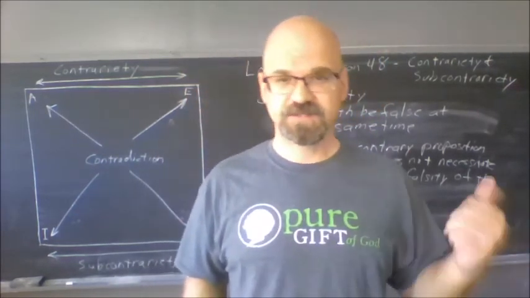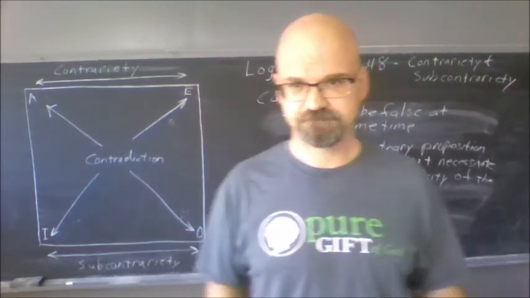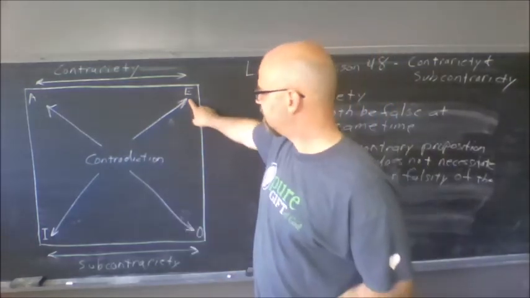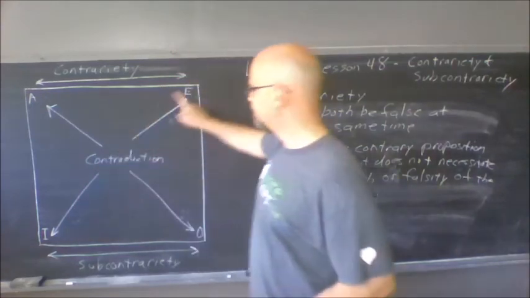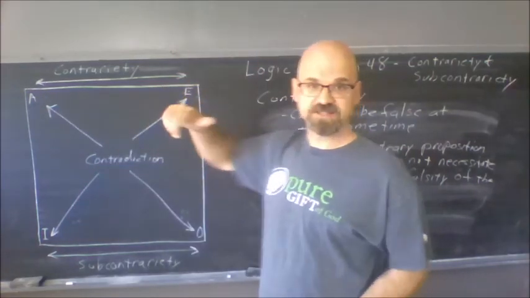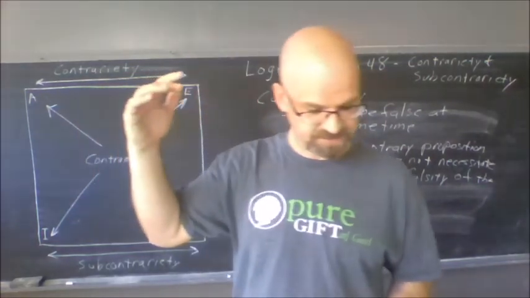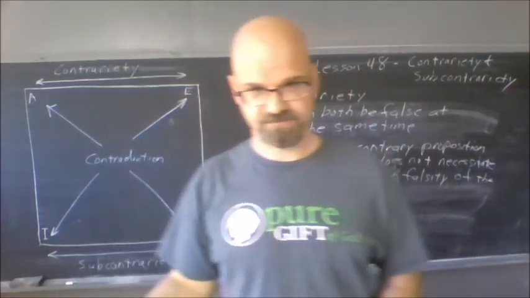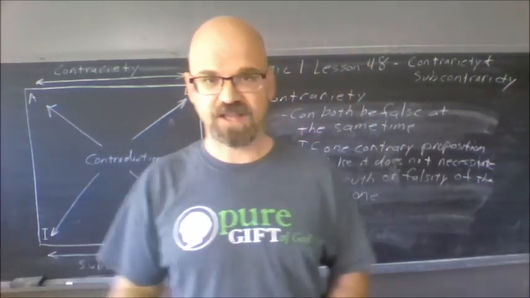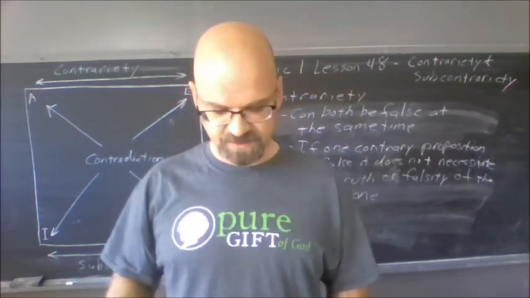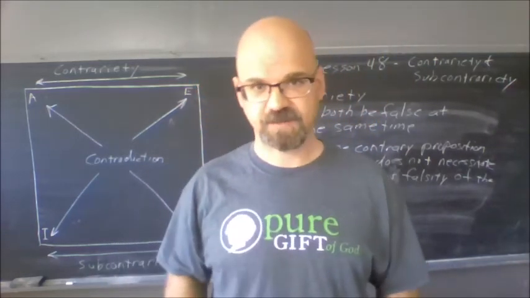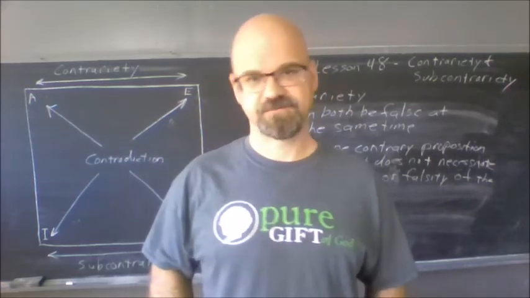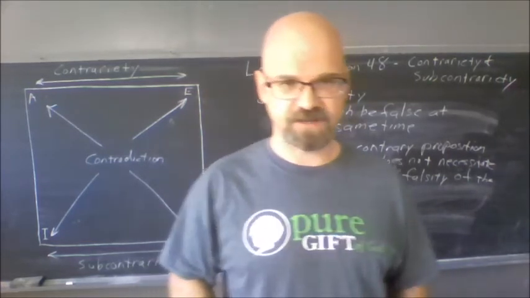What kind of statement is that? That is an E statement. So we're going from I to E, which makes it a contradiction. So the answer to letter A is these are contradictory propositions. If you just put contradictory, that's fine.